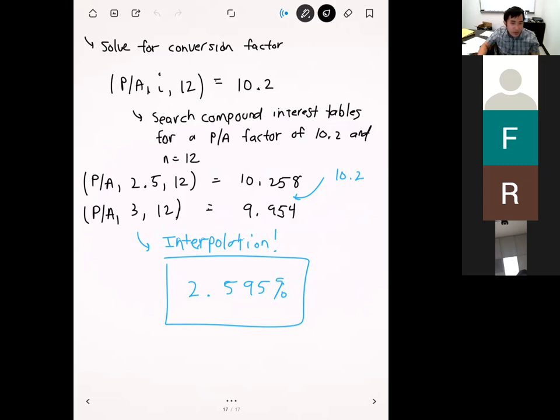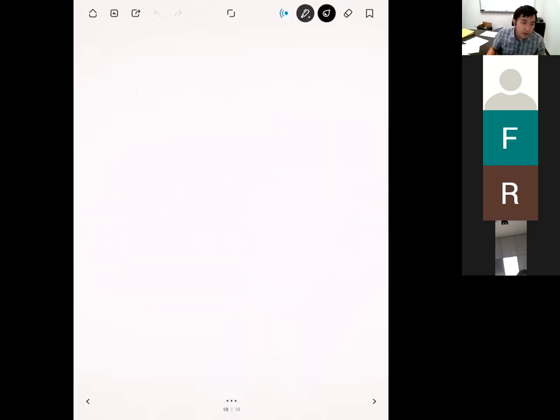That's one common situation where you can use rate of return in practice. Another common situation that you'll run into is whether you want to buy or lease equipment. So let's do another example for that.